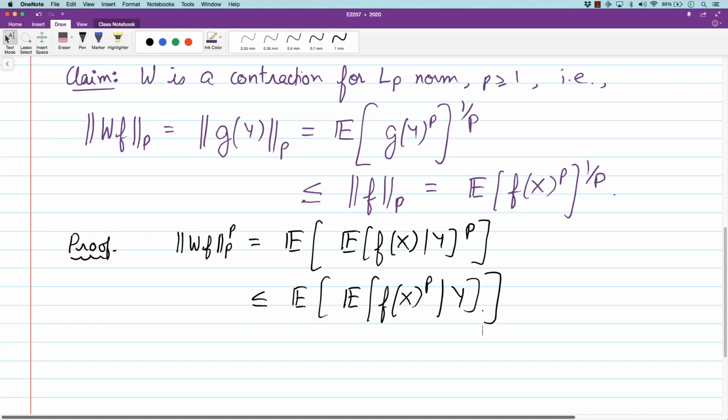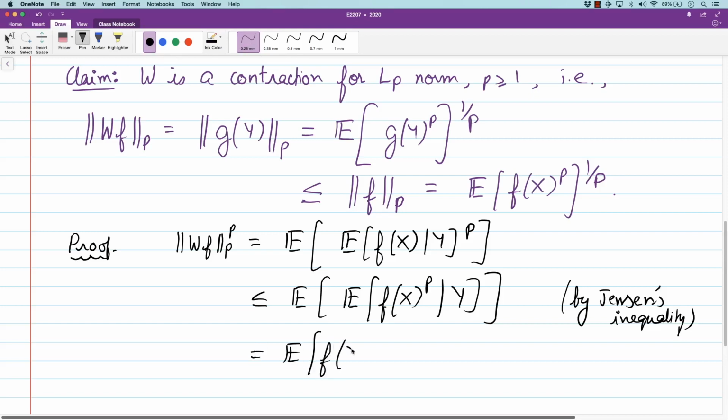This is by Jensen's inequality, sometimes called conditional Jensen's. And now, as we have seen several times, this is exactly equal to the expected value of f of X to the power p. So that's the proof. Indeed, this is a contraction.